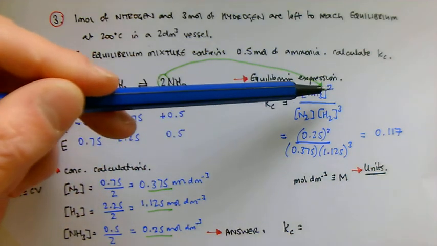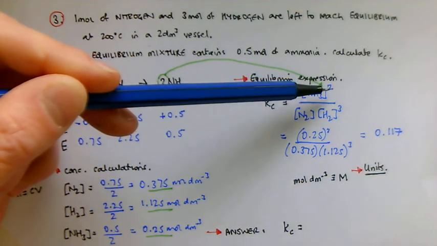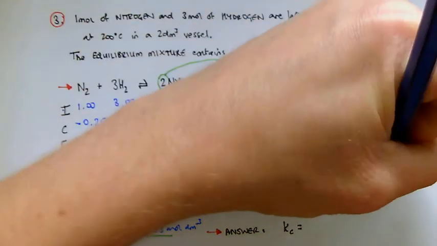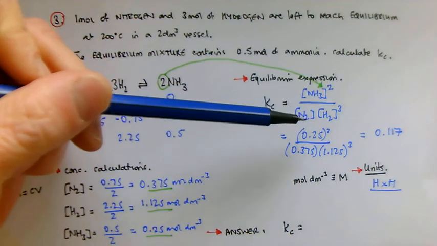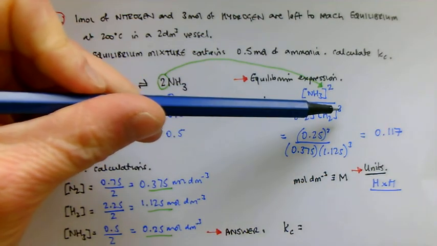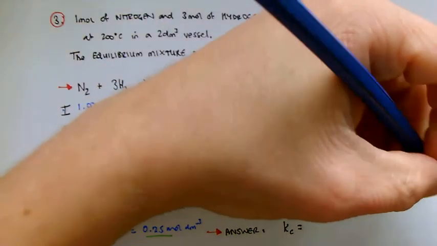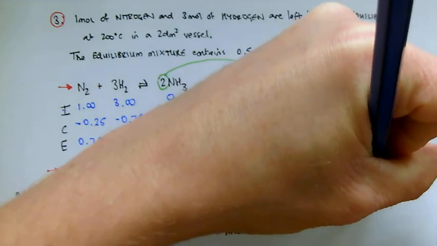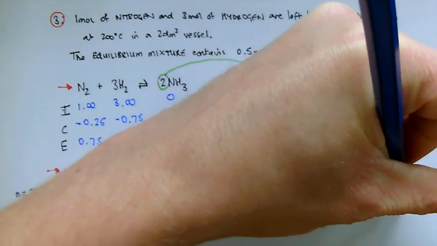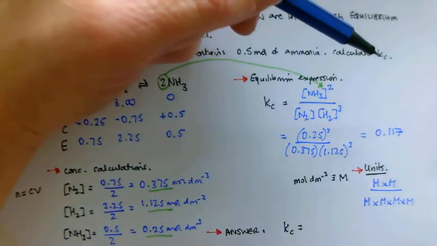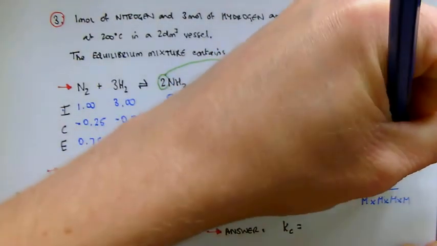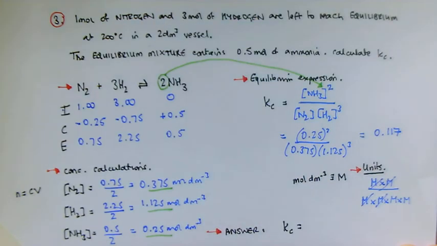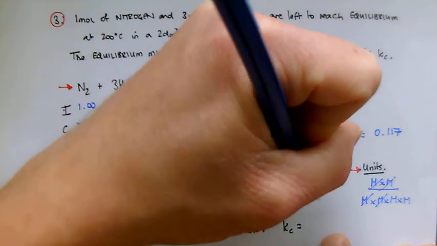So on the top we've got 2 lots of concentration, so let's do that, and on the bottom we've got 1, and then because that's to the power of 3 we've got 4 lots of concentration. And hopefully you can see over here that we can cancel out some, so it's a case of adding the powers.